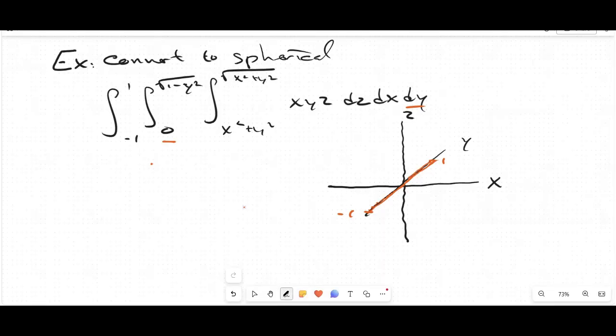And then x has to go as high as root 1 minus y squared, that's a circle in the xy plane with a radius of 1. So here's that circle there. So that's what I see in the xy plane.